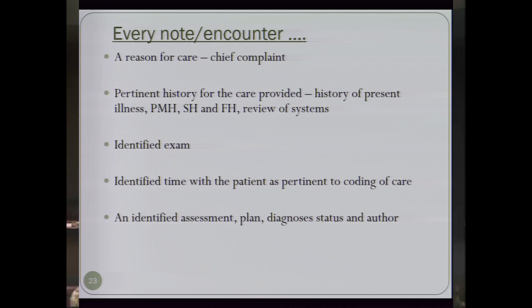And most importantly, if it's a time-based service, like therapy, time has to be documented. Every note has to have some kind of assessment and plan. Even if it's follow-up PRN, or follow up with your own psychiatrist at another agency, or case closed. But there has to be a plan and then the author.